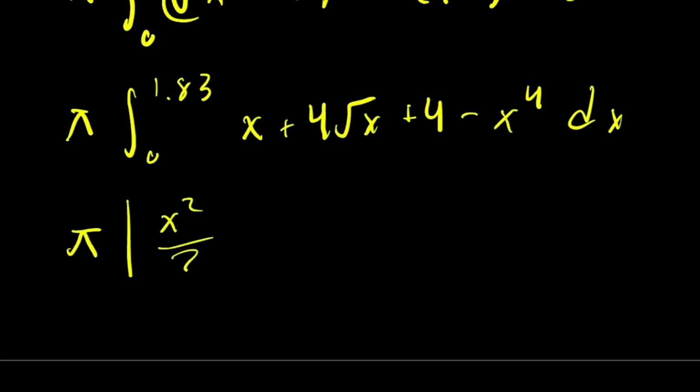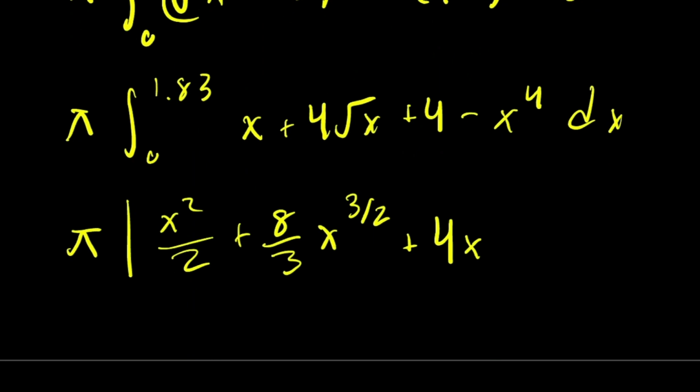X squared over 2 plus 4x to the 1/2, which we'll rewrite as 8/3 x to the 3/2, plus 4x minus x to the 5th over 5 from 0 to 1.83.